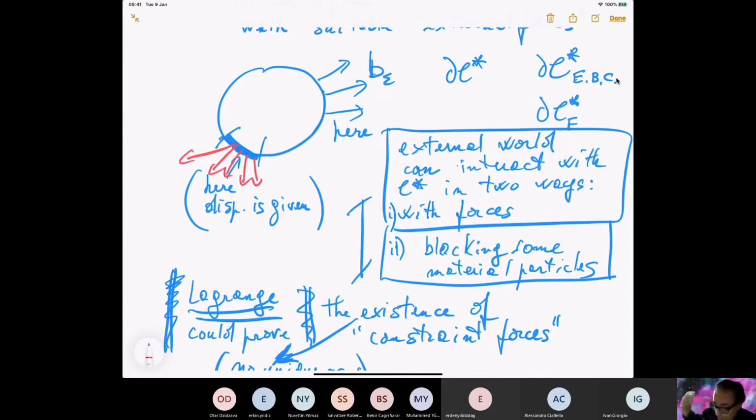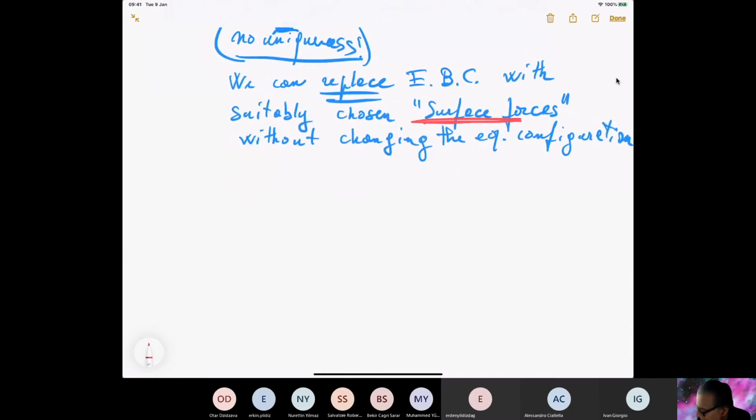So you can imagine to have applied there some forces per unit area, and these forces per unit area have exactly the same effect on the deformation phenomena as the essential boundary conditions. Okay, the forces giving exactly, we can also call equivalent forces.